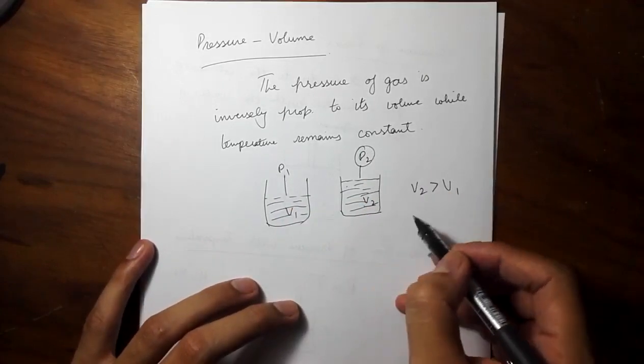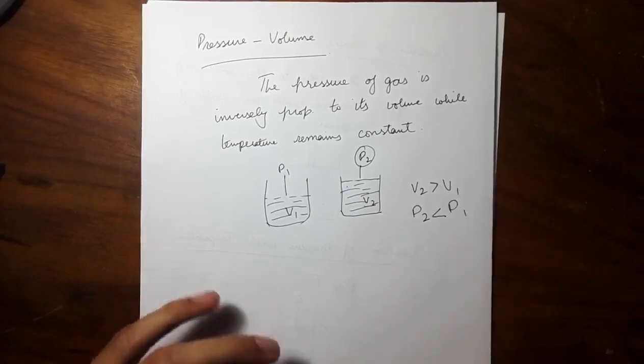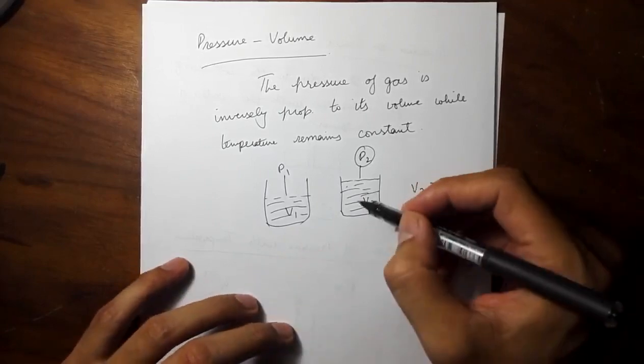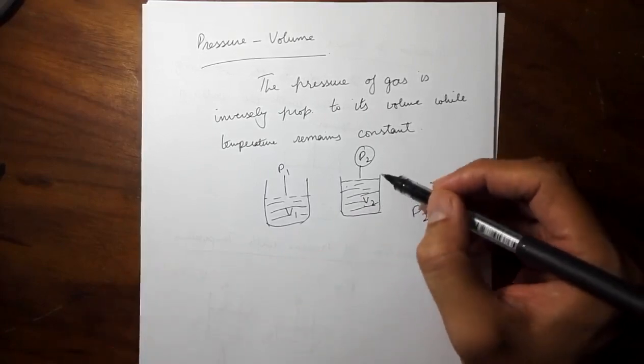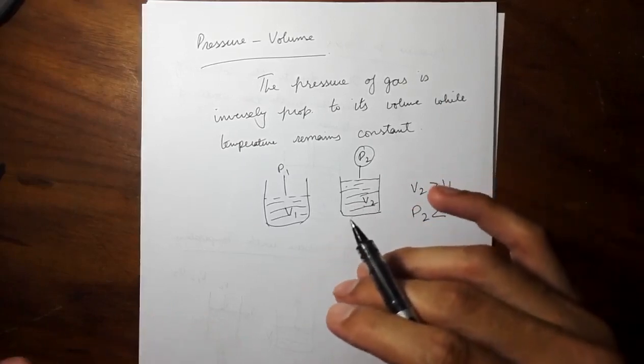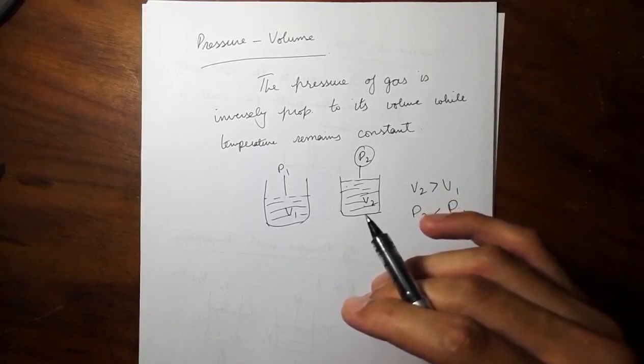If volume increases, P2 will become less than P1. This is because when the volume is increased, the collision of gas molecules with the walls of the container decreases. When that collision is decreased, then the pressure will also decrease.